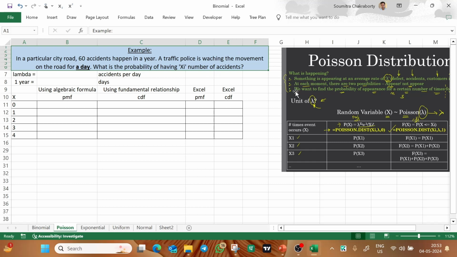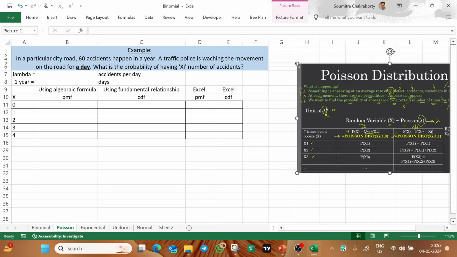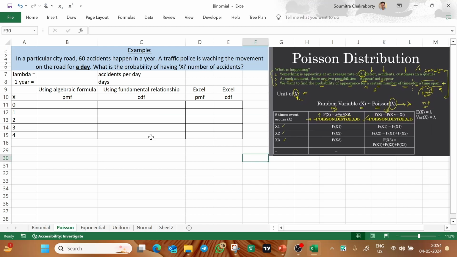So therefore, as I was mentioning in the slide, you see the two units clearly. First of all, lambda is given. So you can see that the lambda value is given in per year basis. That means 60 accidents in a year. But our time span is 1 day. So therefore, we cannot write lambda as 60 here.